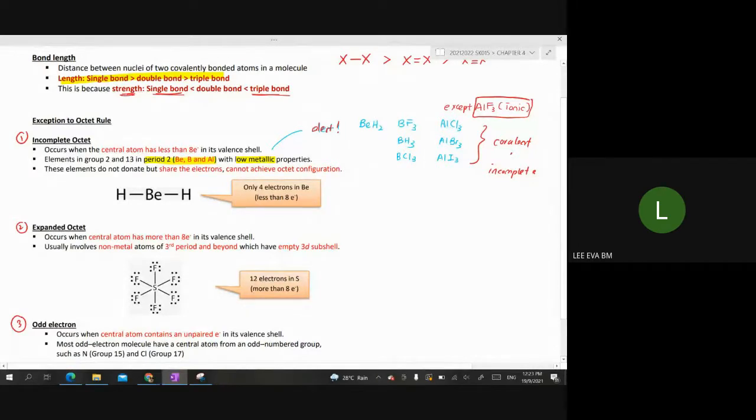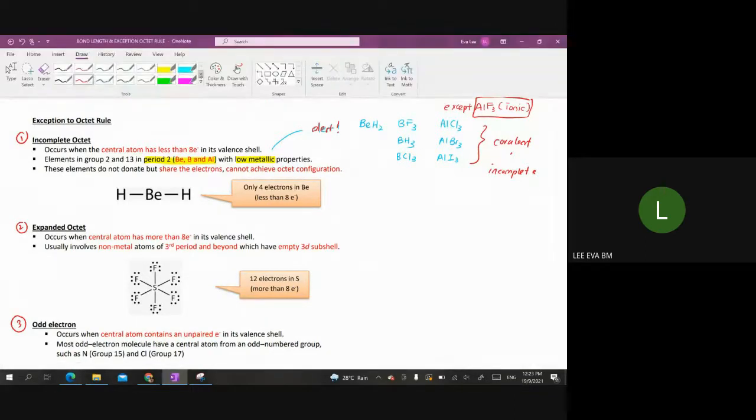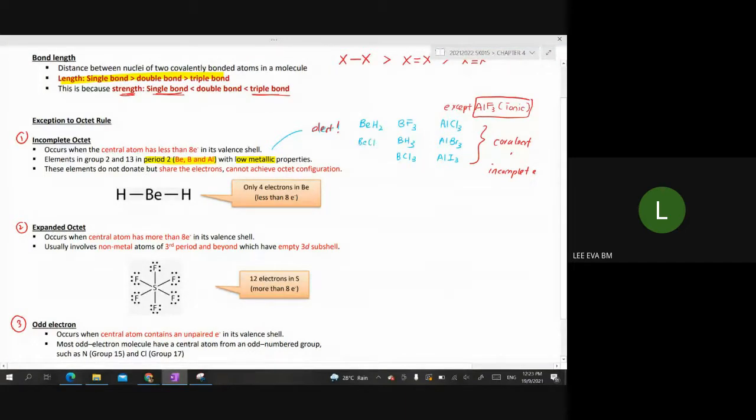So make sure you understand, and jot down the table over here. This is the examples given. Madam gives extra examples. You can jot down BeCl2 and etc. Only AlF3, aluminium fluoride, is an exception.